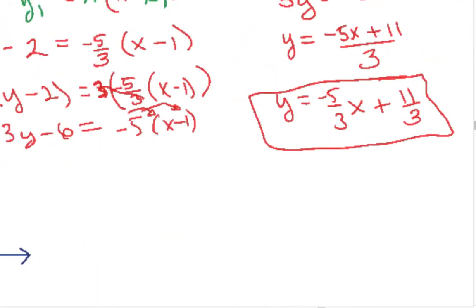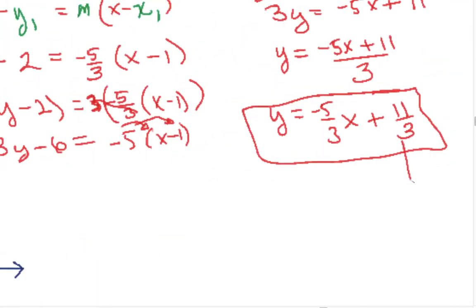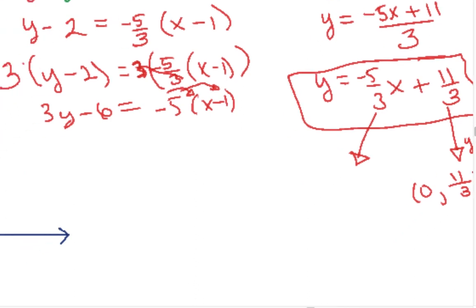So if I were graphing this, this is the y-intercept. So that means because it's the y-intercept, we have that point on the graph, 0, 11/3. Okay, and then this is the slope of the line. And for slope, what we do is if we have a positive slope, it's up, then right.